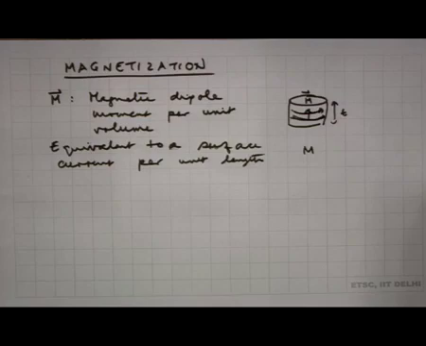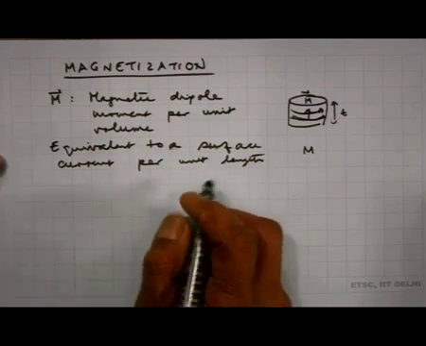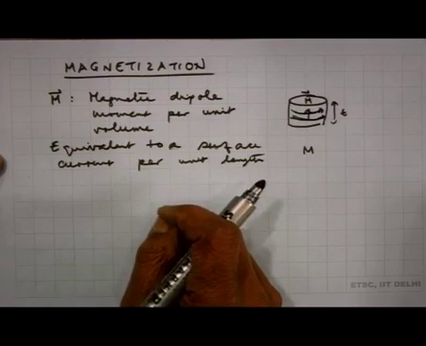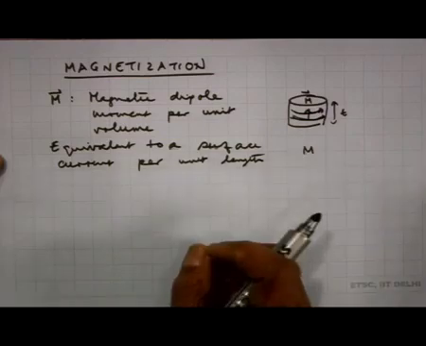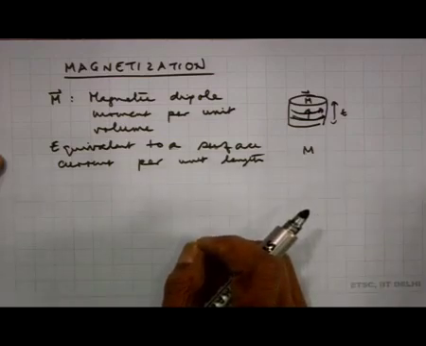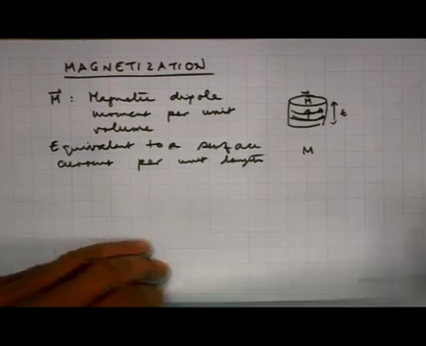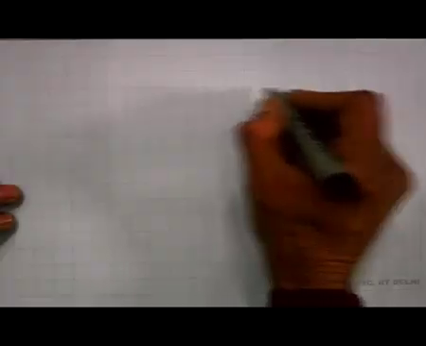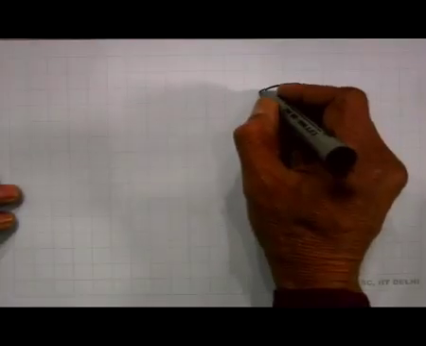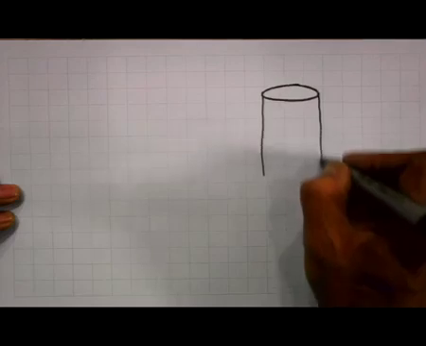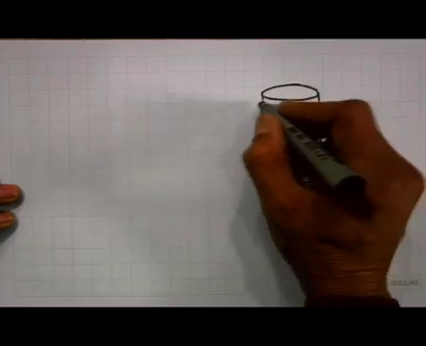Now let me look at what is the effect of this kind of medium on Ampere's law. We started looking at a solenoid. Let me look again at a solenoid, where there is a medium here, and I wind wires on this.